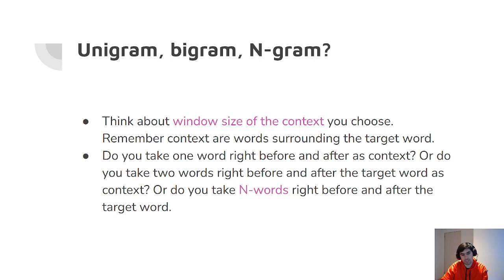What we're trying to do is represent the word as a vector of numbers by counting, by building the co-occurrence matrix. This kind of modeling is called n-gram modeling, because what you're really doing is counting how many times the target word co-occurs with n words right before and right after the target word.